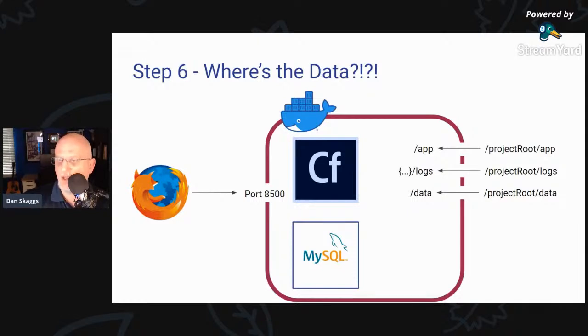So as you might have expected, because of how these containers store data inside them, by default, if we don't do anything and we start it up and we load a bunch of data, and we shut it down and we load it up again, that data is probably going to be gone because it's ephemeral inside the file system for that particular container, the MySQL container.